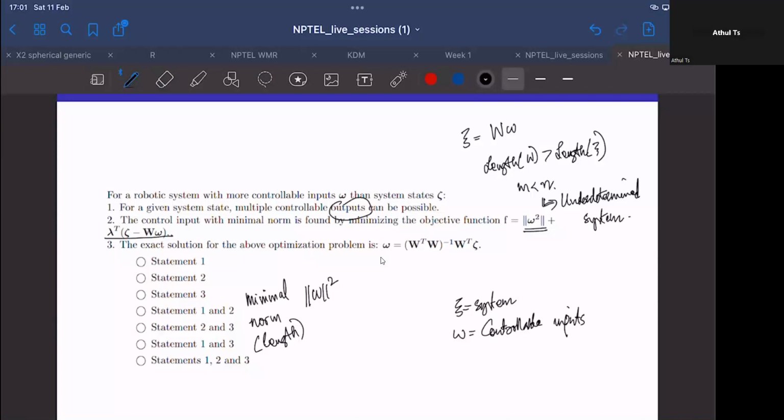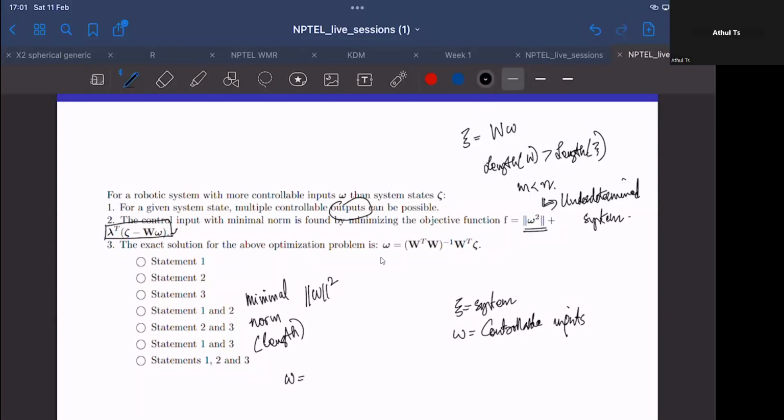So we select the minimal norm solution such that it satisfies the constraint equation.